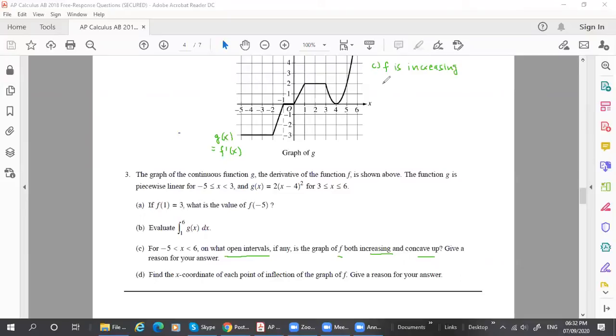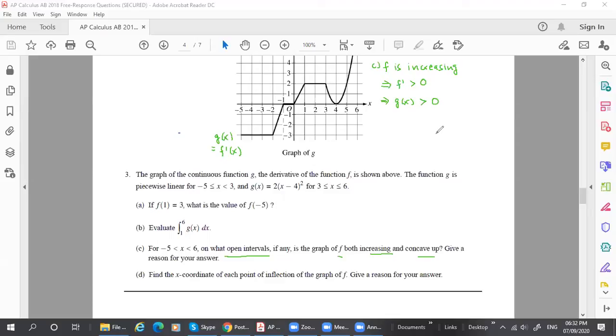If f is increasing, this indicates that its derivative must be greater than 0. Since the derivative of f is g, we are looking at the part of the graph where g(x) is greater than 0. g(x) greater than 0 indicates that the graph of g must be above the x-axis.